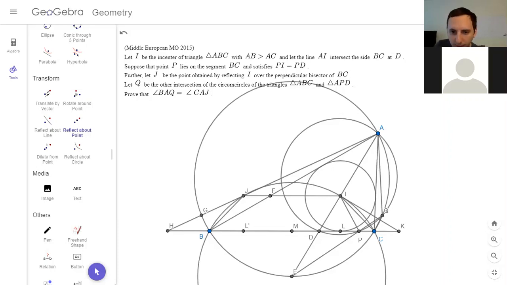Okay, so we want HD times DP. So HD times DP, I'm just writing this out. That's LL prime times AE times DP over AI. And we want to show that that's equal to AD times BE.